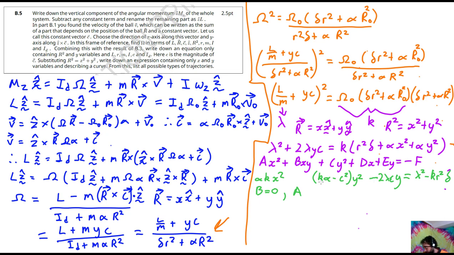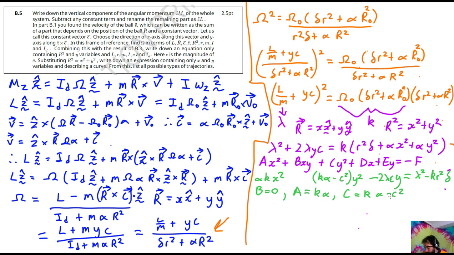I cannot see how they got that, so I believe what I've written is correct, but if somebody thinks that I'm wrong, please let me know and I'm happy to go back and change this. So I have a equals k alpha, and I have c equals k alpha minus c squared.